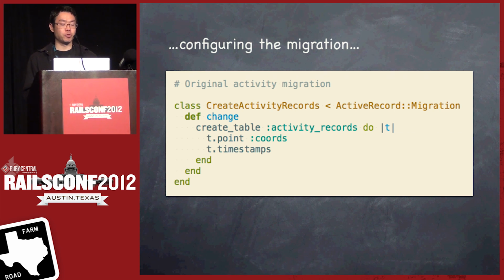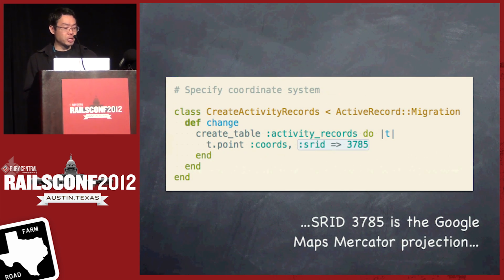Now, here's our migration. We're going to do a little bit of configuration here. First thing we're going to do is tell PostGIS which coordinate system it should use to represent data in the database. A coordinate system is generally identified by this standard ID number, SRID, which stands for Spatial Reference ID. For our project, we're going to use SRID 3785. This coordinate system is actually the native Google Maps coordinate system. It's a Mercator projection.